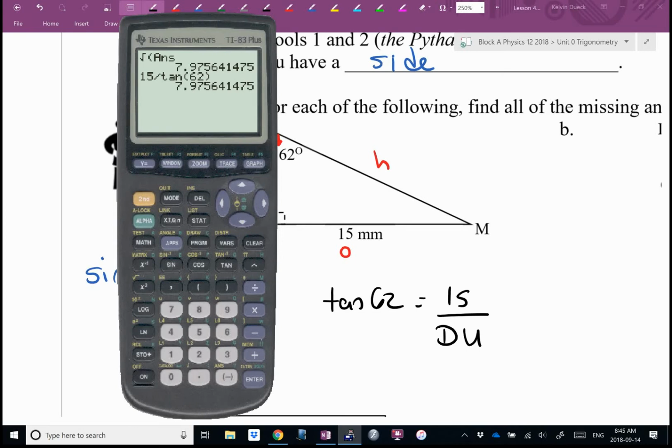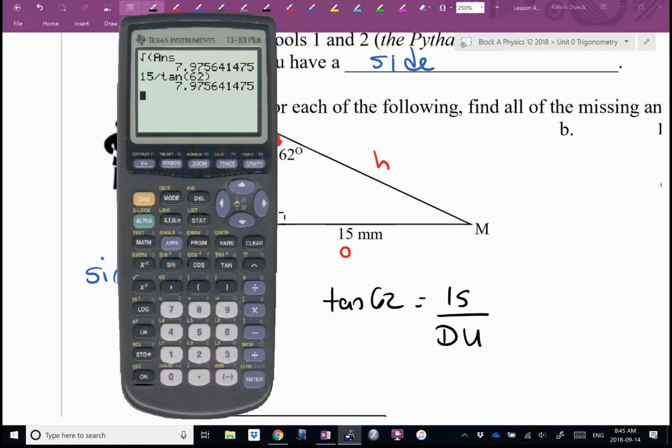Now, I got exactly the same because I used my answer button and didn't round off with the Pythagoras stuff as well. If you've rounded off, if you use the 17.0 instead of the 16.988 something, you'll be off on a few decimal places, but still pretty close.